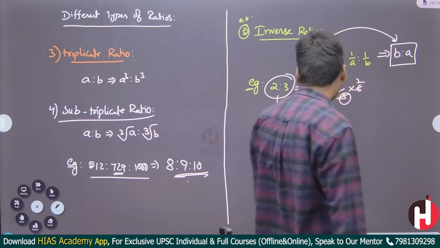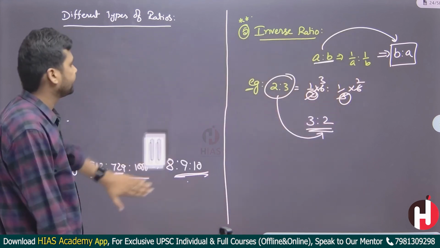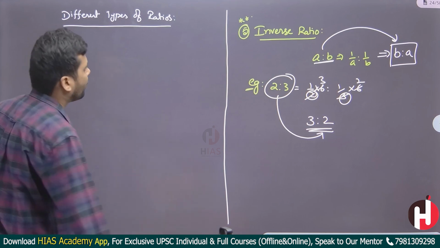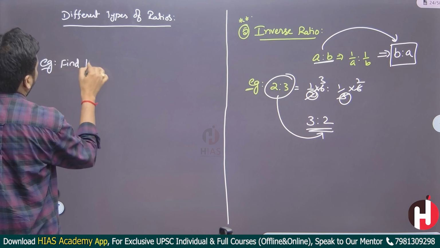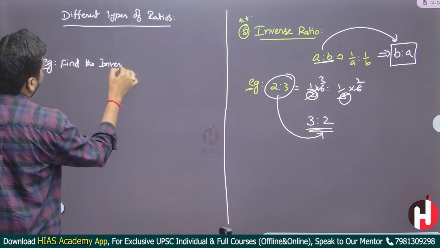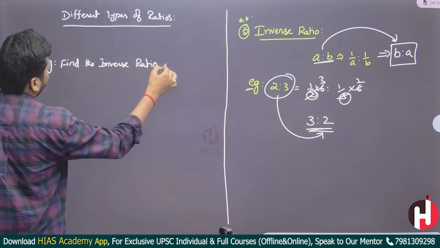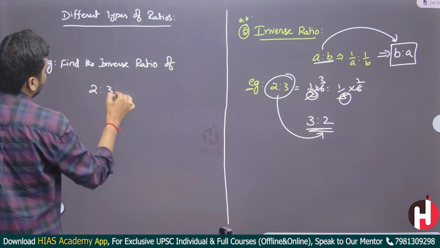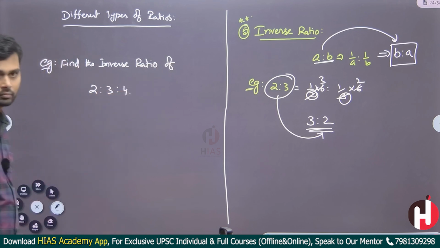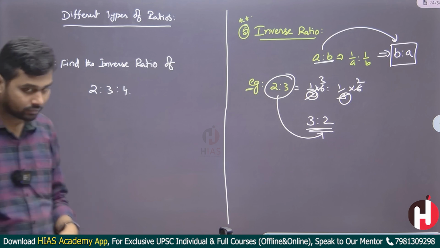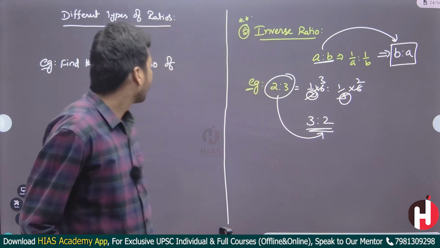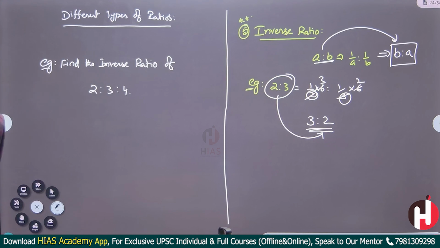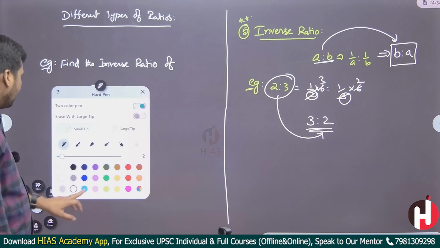Next, suppose I ask you to find the inverse ratio of 2 is to 3 is to 4. How do we first write this?